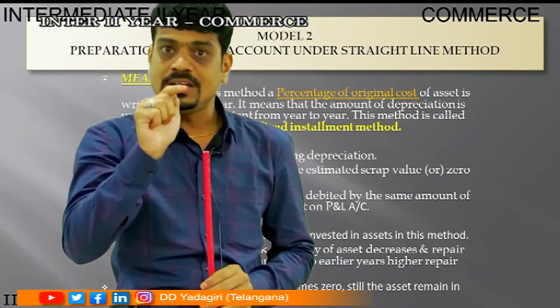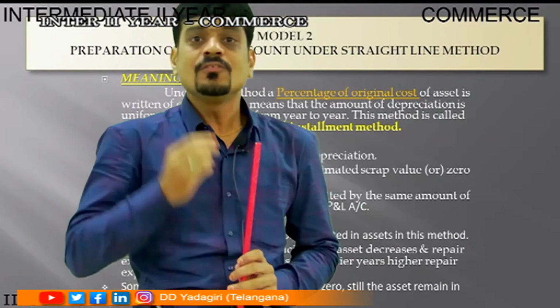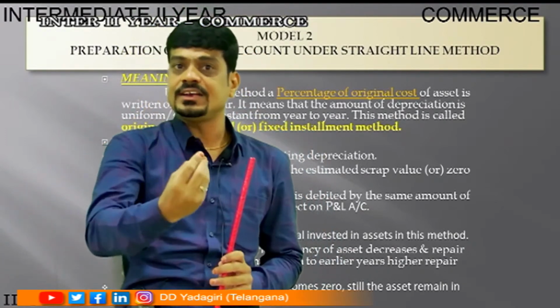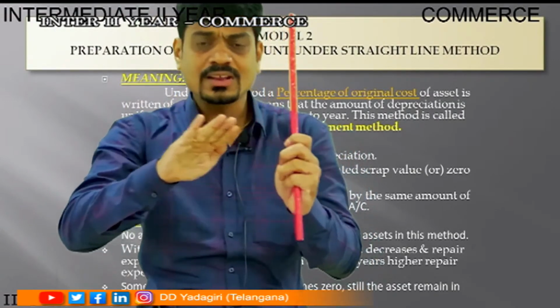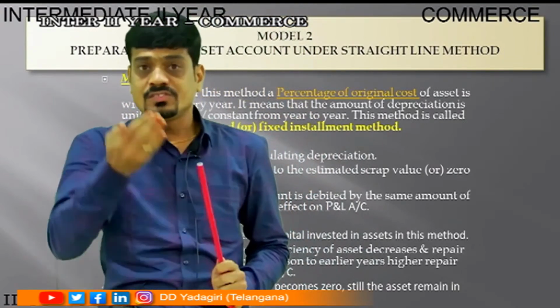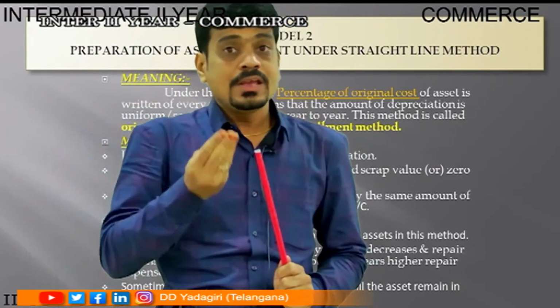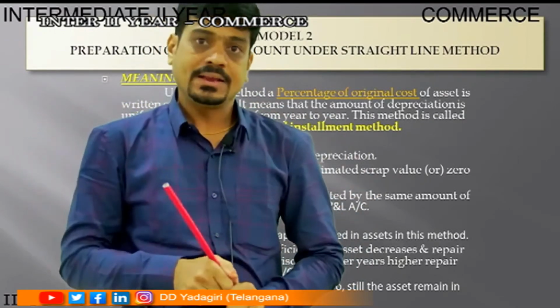Now some of them, instead of using cash, use bank also. When we use bank, for example, if you are purchasing an asset by issuing a cheque, you can use bank. There is no hard and fast rule that only cash should be paid. Since we are in the digital world, the majority of transactions we do with the bank. So we can write even bank.